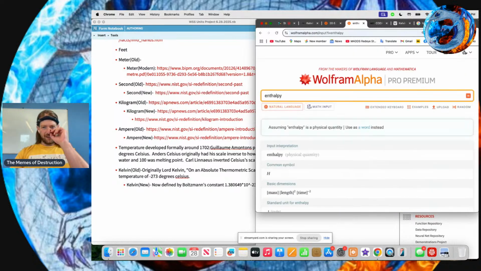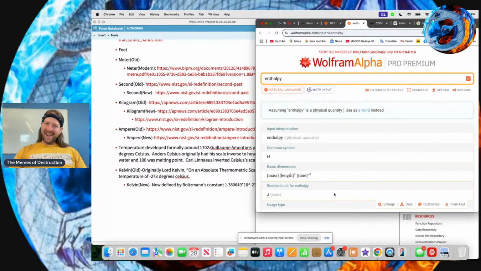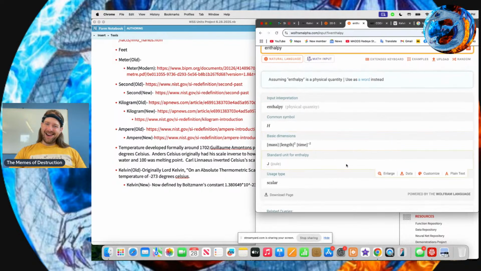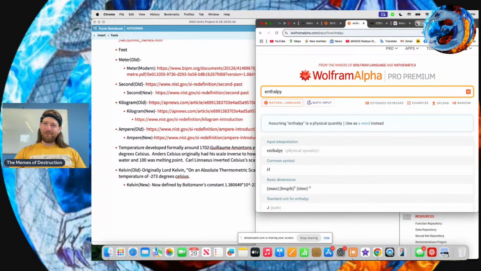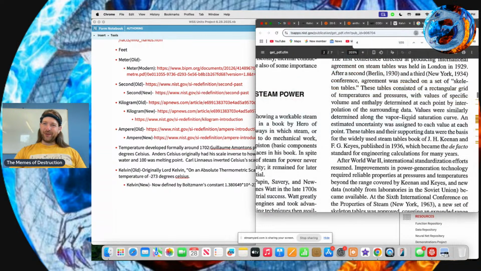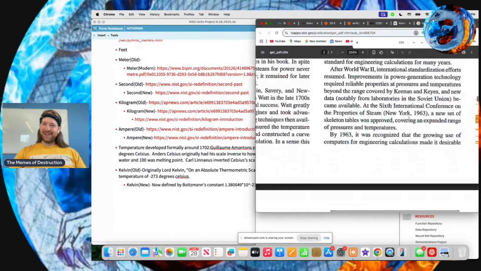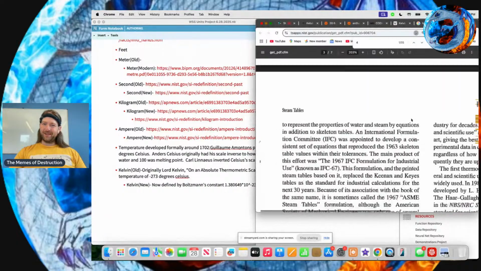There we go. That is interesting. Enthalpy is basically energy, because that's mass times length squared divided by time squared, aka mass times c squared in its maximal form, aka the joule. That is interesting. Oh, enthalpy is typically, I think, what they use for temperature there. Okay. Because it has the same dimensions.